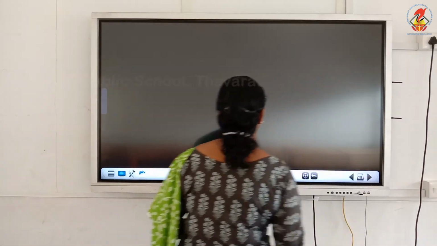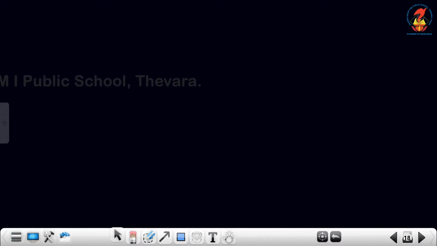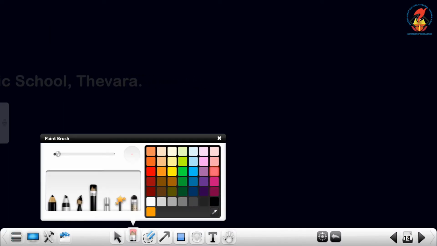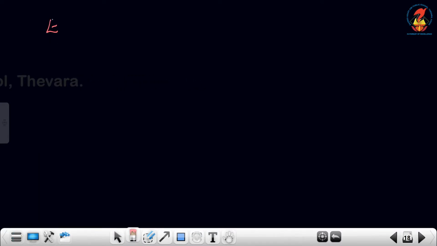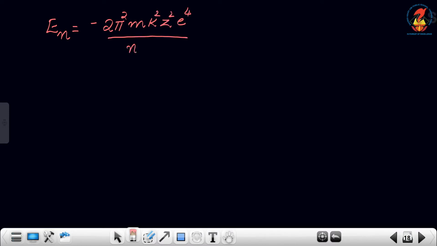We have studied that the energy of the electron in the nth orbit of a hydrogen atom is given by En is equal to minus 2 pi square mk square z square e raised to 4 divided by n square h square.